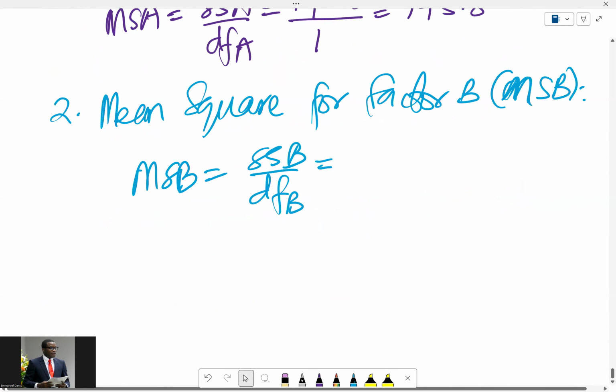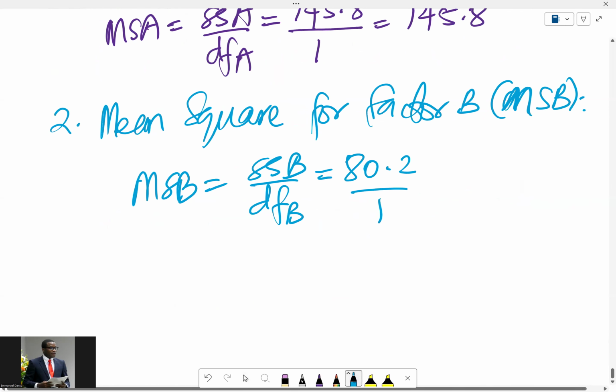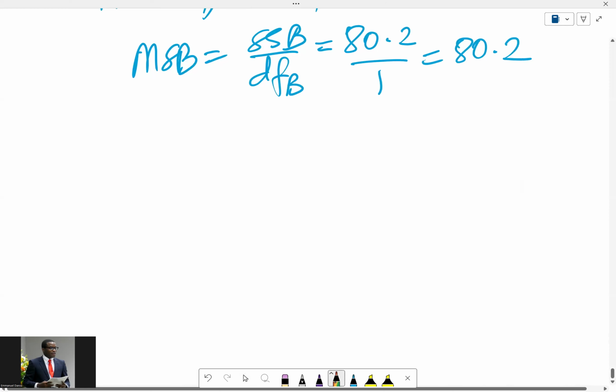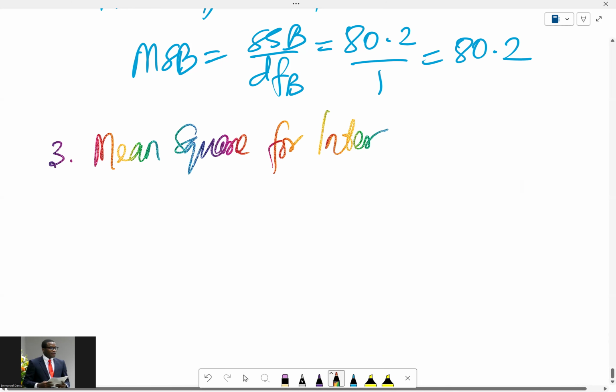So 80.2 divided by 1 is simply 80.2. Then we have number 3. We need mean square for interaction. That is MSAB.